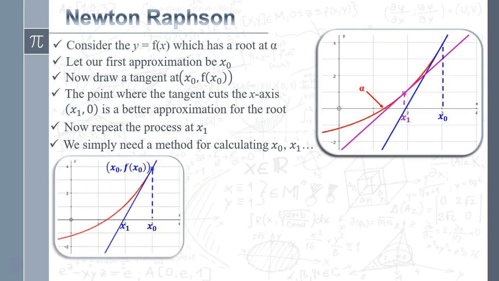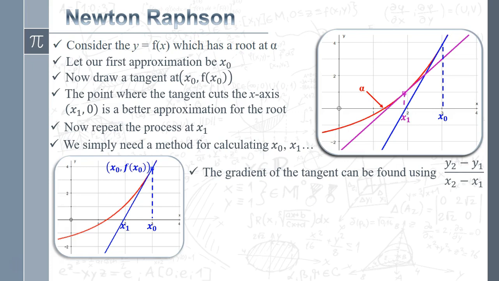Let's go back to our first point. So we've got x0, our starting point, and we've got x1, which is the point where our tangent hits the x-axis. What I'm going to do first of all is think about how we would calculate the gradient of the tangent. Well, clearly the tangent is a straight line, so finding the gradient of a straight line is simple enough: y2 minus y1 over x2 minus x1.